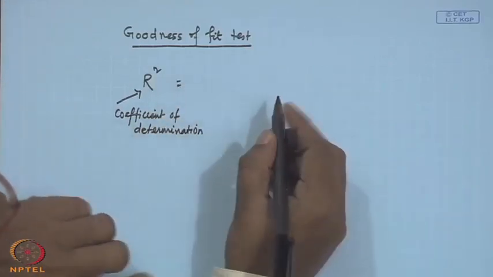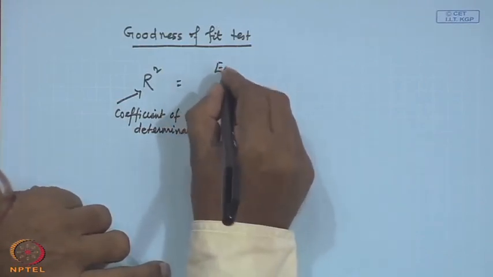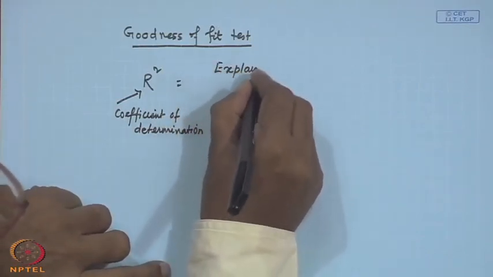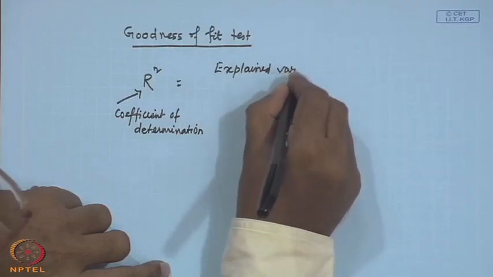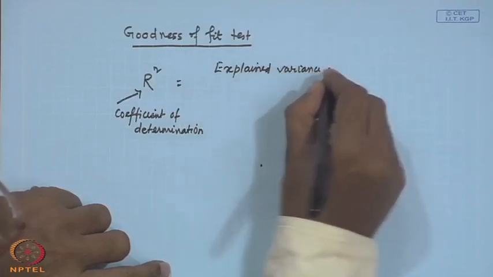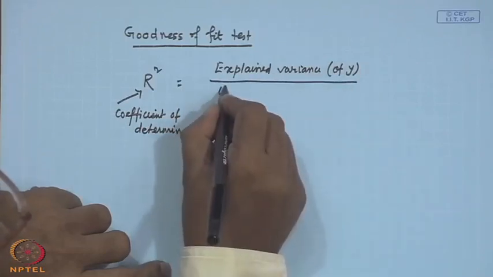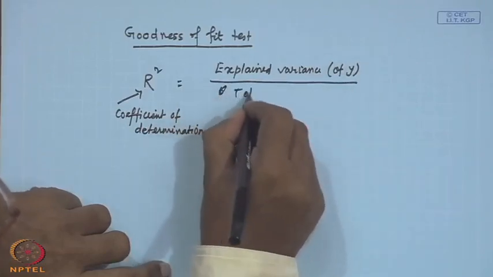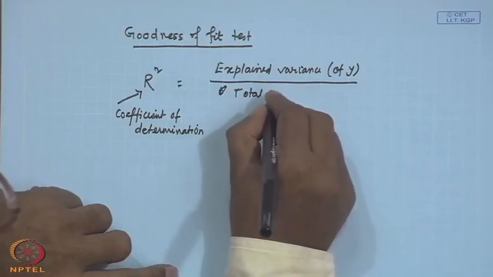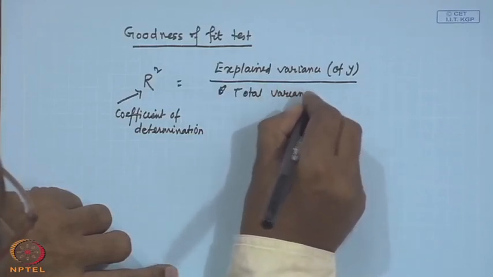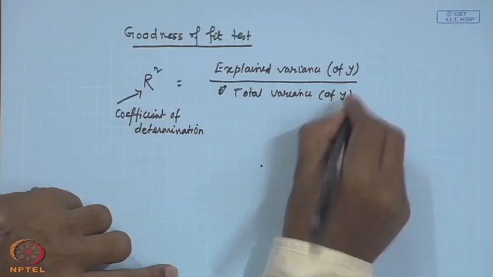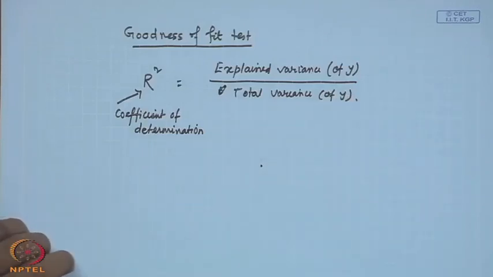This will give us a ratio of explained variance of y by total variance, that is, explained plus unexplained variance, over the total variance of y.